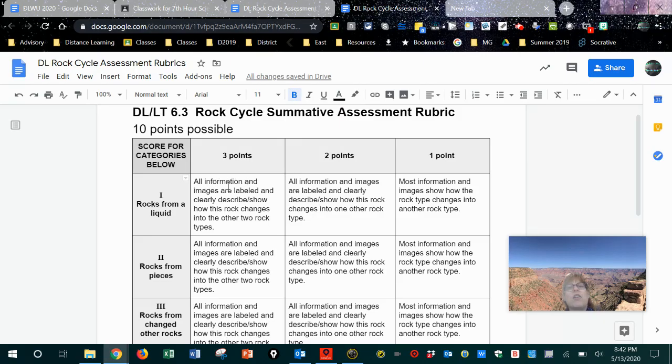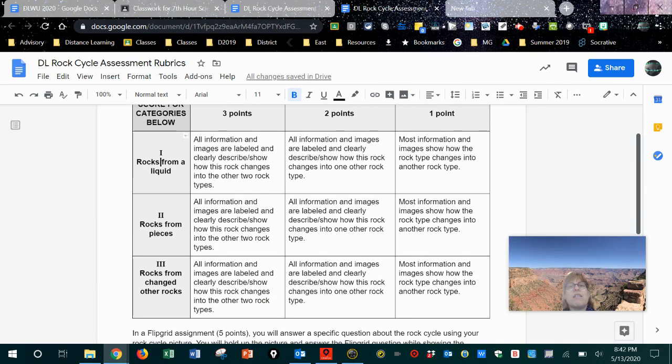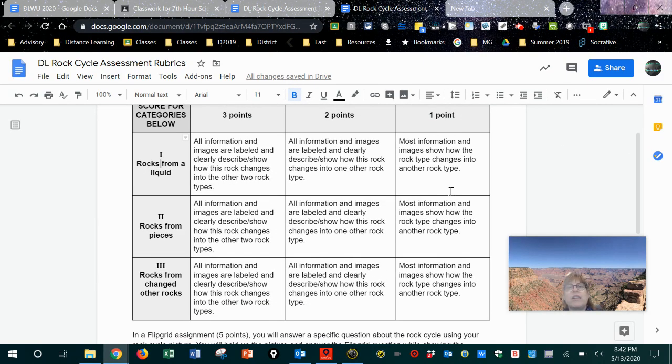And it says all information and images are labeled and clearly describe or show how this rock changes into the other 2 rock types. So this is 1 rock type. You need to explain how this rock can form into the other 2 rock types. So your drawing could get really messy, and as long as I'm able to see it and understand it, that's okay. I'm not grading you on neatness and organization. I have to be able to read the words, but if things are kind of all over the place, that's okay.